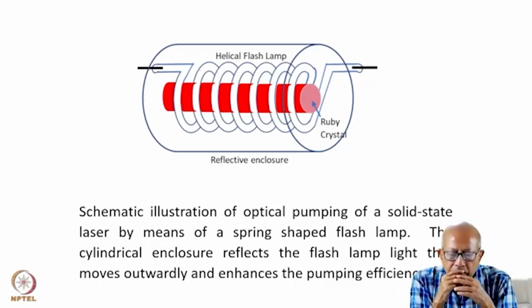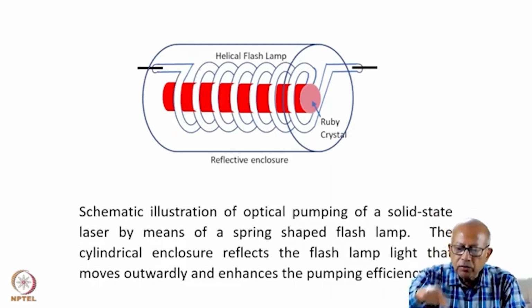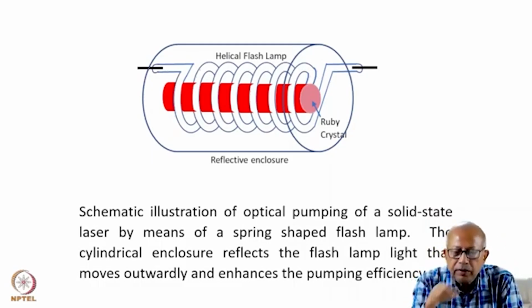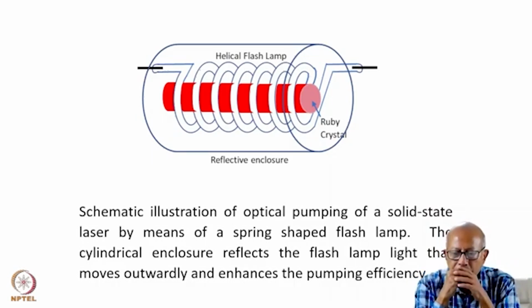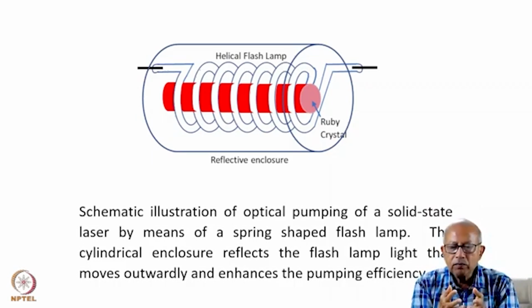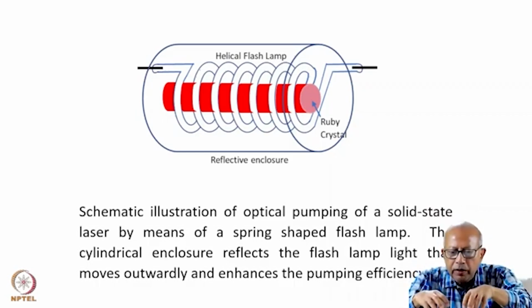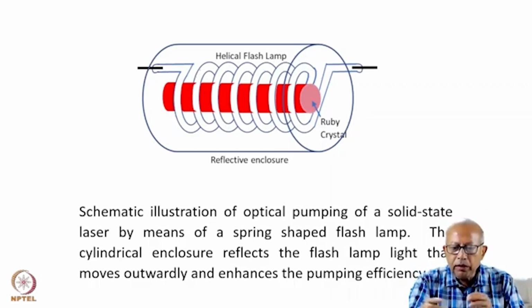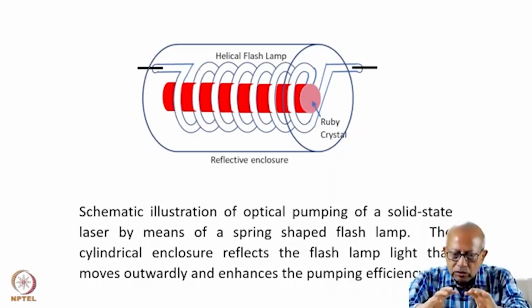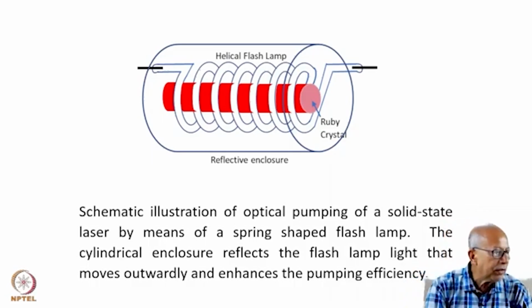So this reflective enclosure reflects that light back into the lasing medium, which is placed at the center of this enclosure. And the light which is emitted inwardly of course shines the medium equally from all sides. So such an arrangement enhances the pumping efficiency.